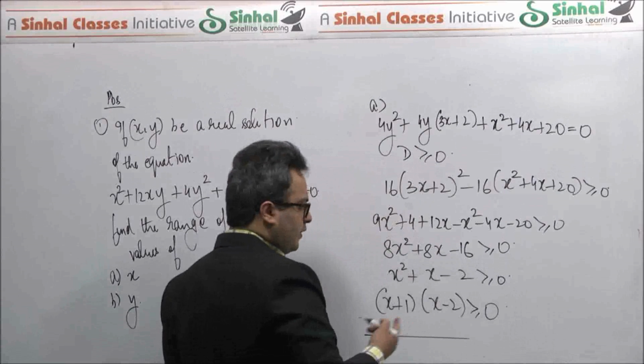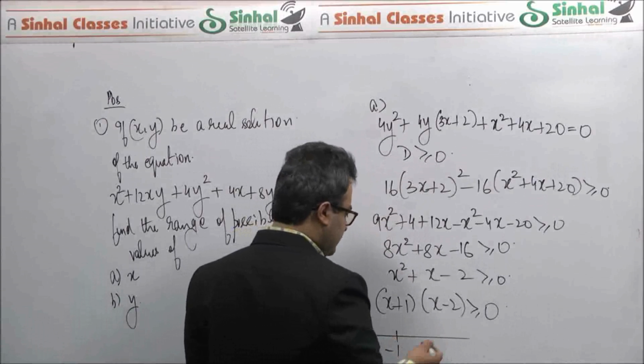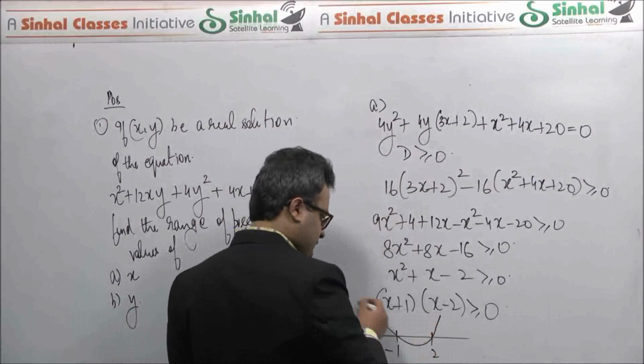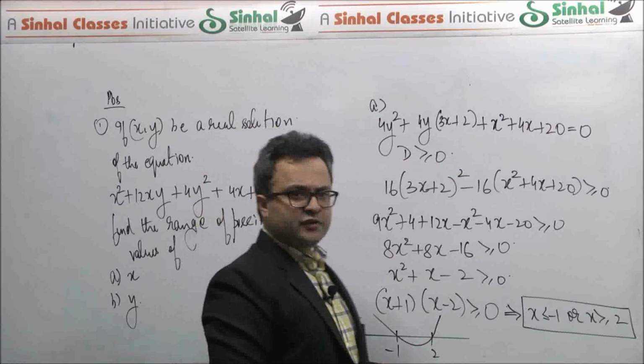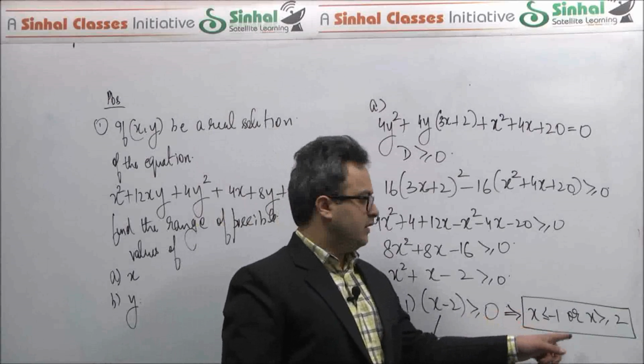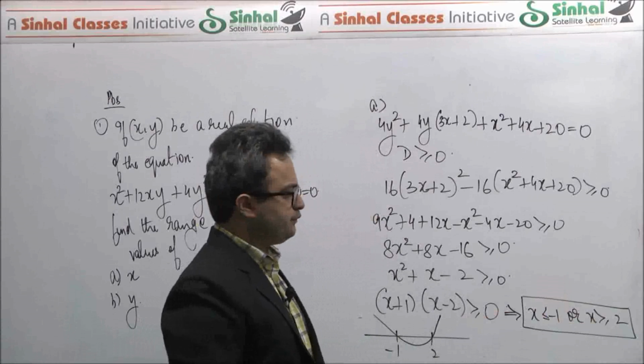Right, so this gives us a quadratic inequality in the variable x, which we can easily solve using the wavy curve method that we've discussed before. So we get this as the range of values that x can take. So we're getting that x has to be less than or equal to -1, or x has to take values which are greater than or equal to 2.